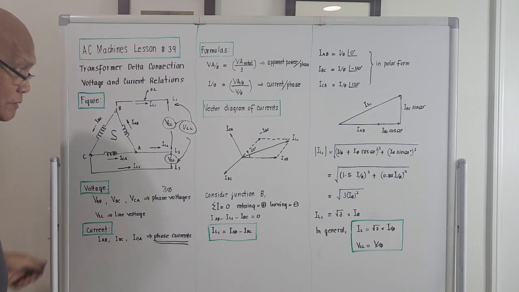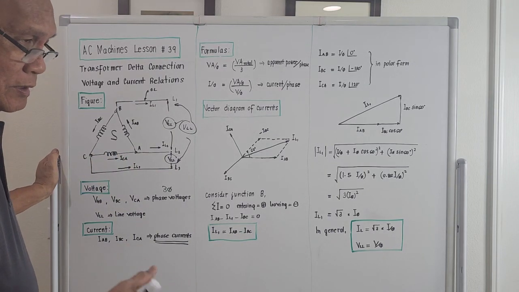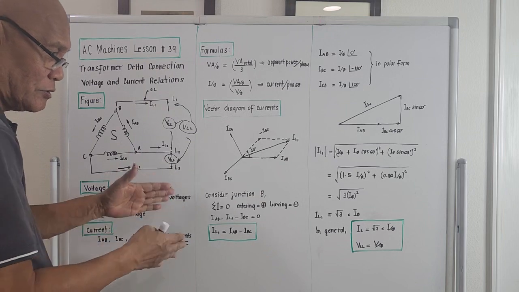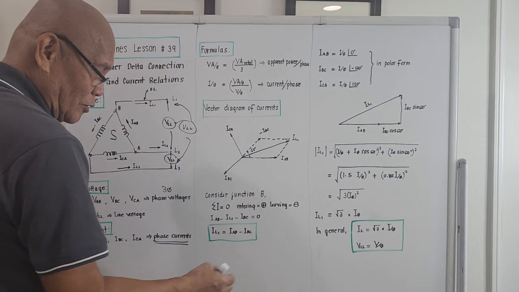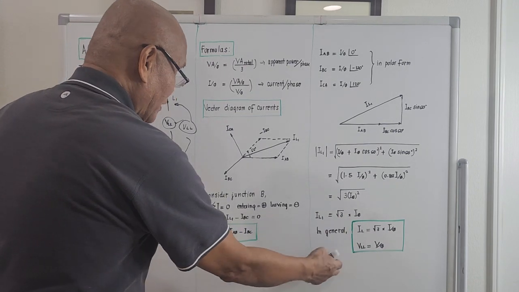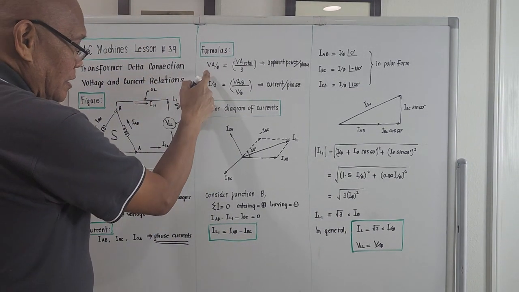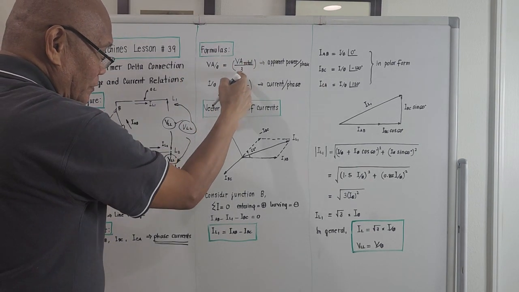Okay, phase currents. Let's try to bring out two formulas needed here. This is just an addition, plus the derivation of the relationship of the voltage and current. The other formula needed here is the apparent power per phase, which will be the apparent power total over 3.